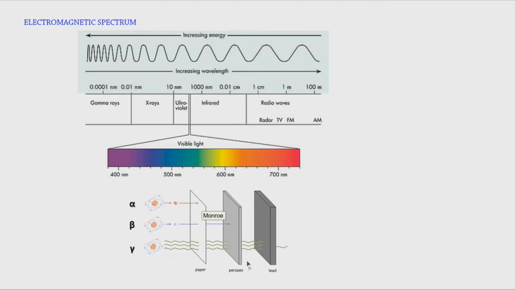Perspex is some kind of solid plastic, but a transparent one. Gamma rays will pass through the two of these, and some part of them would pass through the lead sheet. So that's how it goes for the electromagnetic spectrum. The idea is just that visible light is around this wavelength, and as the energy increases, the wavelength decreases.